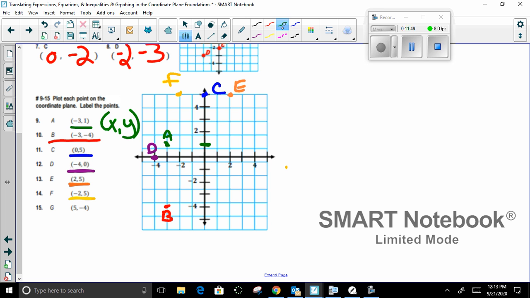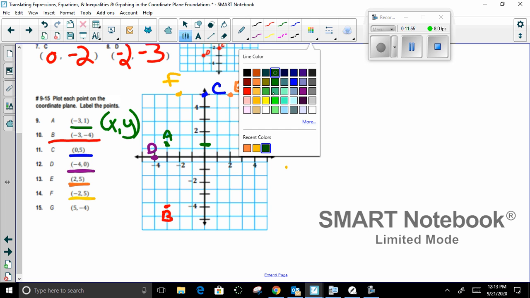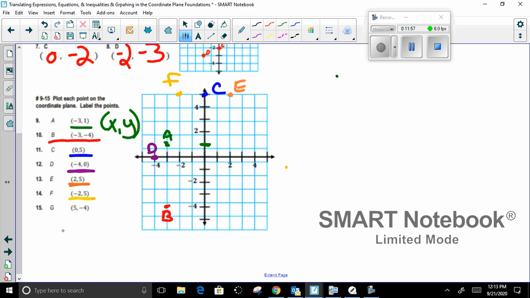And last but not least, let's do it in that color. (5, -4) for G. 5 on the x-axis means I go horizontally to the right. -4 means I go down vertically, 1, 2, 3, about right here. And that is point G.